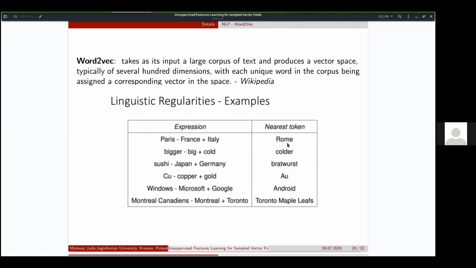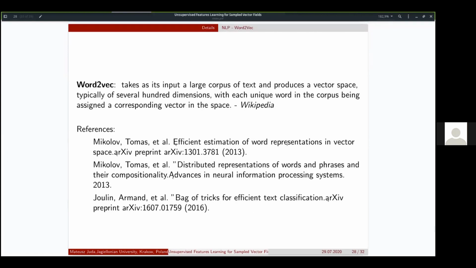I'm not sure how accurate the results are. Maybe they are just fine-tuned for the papers. However, they show that there are many such nice examples taken from the embeddings. Okay, let me skip that. Here you can find some references. There are nicely written papers with a lot of citations in recent years. So if you are interested, you can go to these papers.